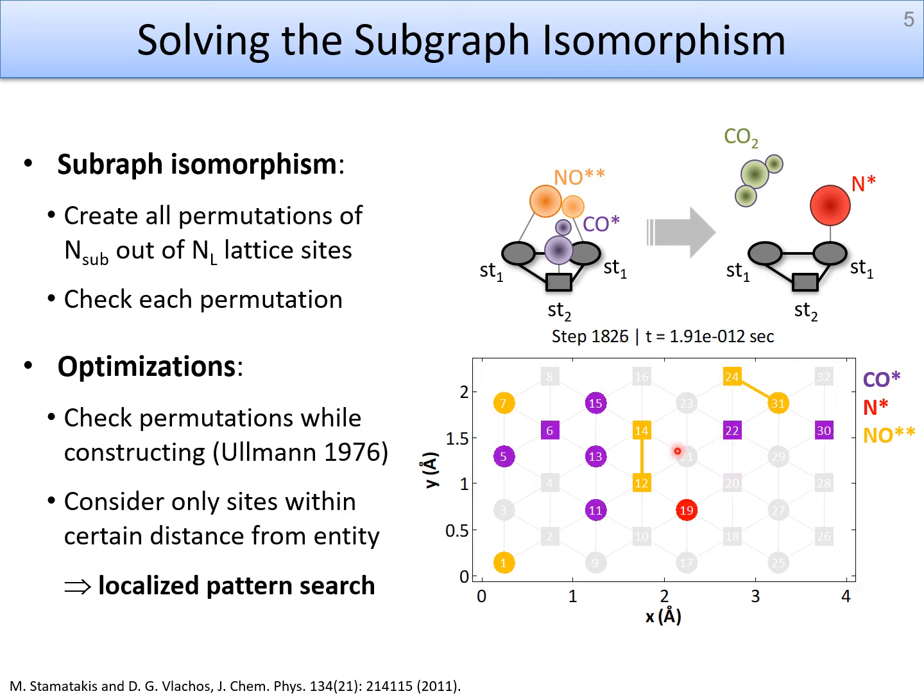So then this event is detected, and then it can happen. We end up with a nitrogen adatom on the surface and a CO2 in the gas phase that the algorithm counts.